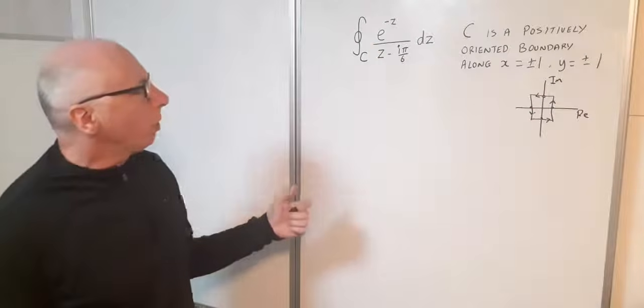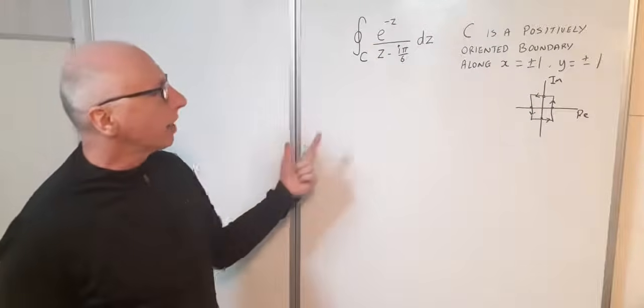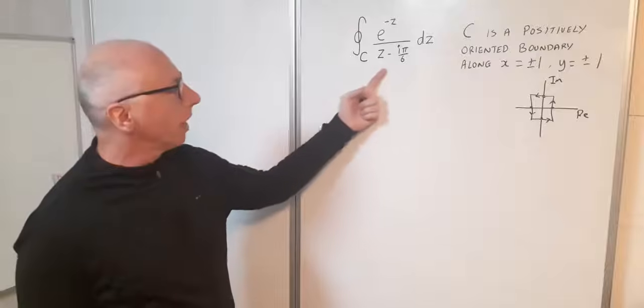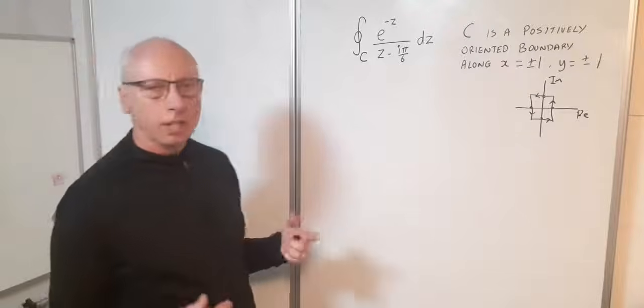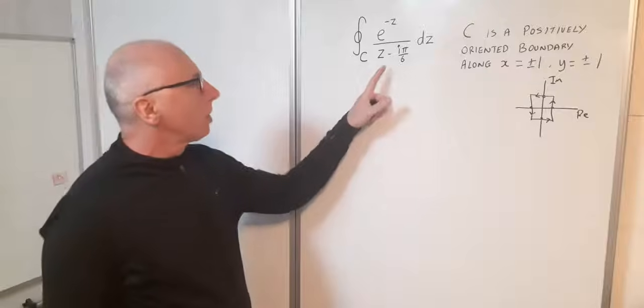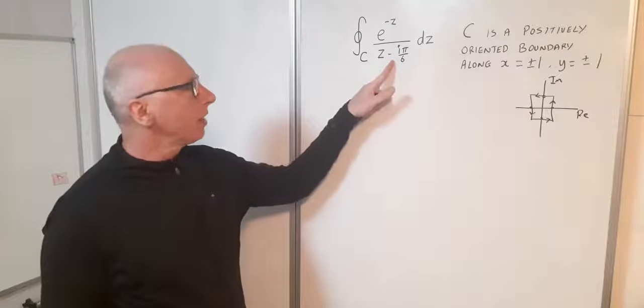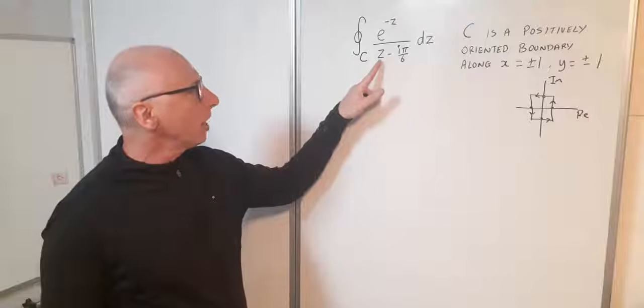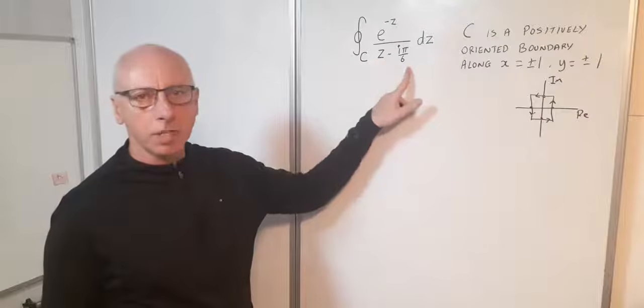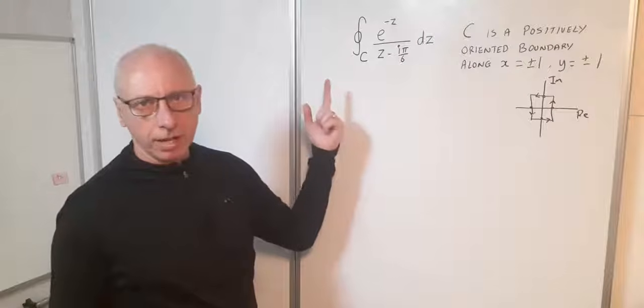Now, we're looking for a singularity in this integral, so we can integrate it without actually doing the integration. Here we can see there's a singularity at z equals i pi over 6. At z equals i pi over 6, this denominator becomes 0, hence a singularity.